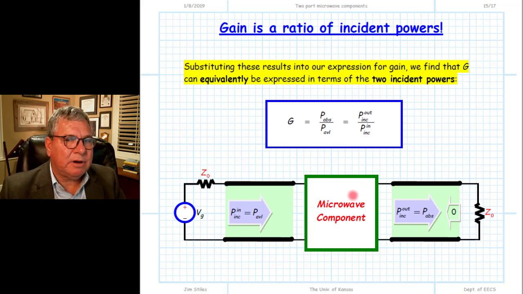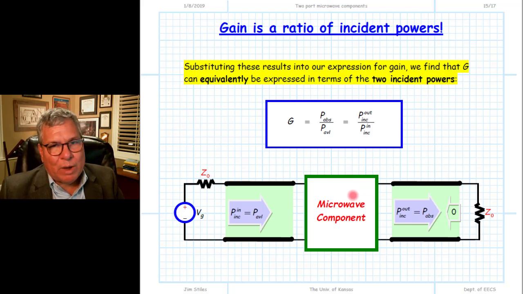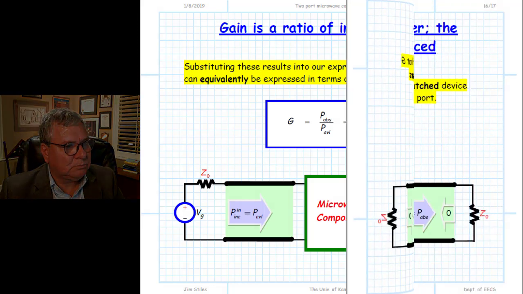And this is also a very common way of writing the gain of a two-port device. The ratio of the power incident on the input to the power that is essentially exiting this port and therefore incident on this matched load. So here's an alternative way of writing the gain of our microwave component in a way that is very common to describe it.